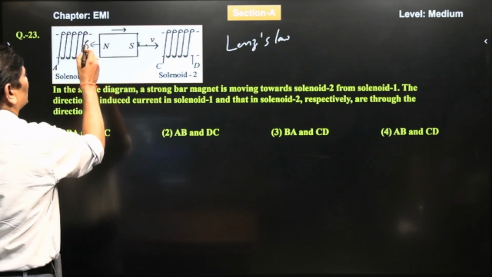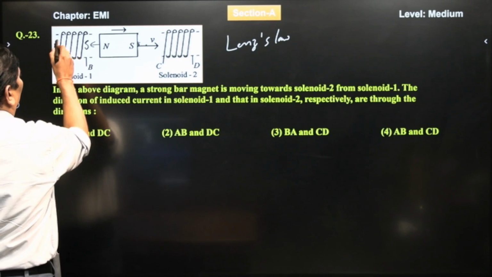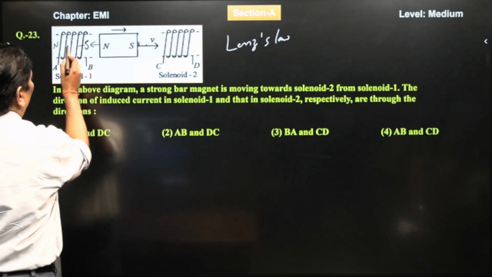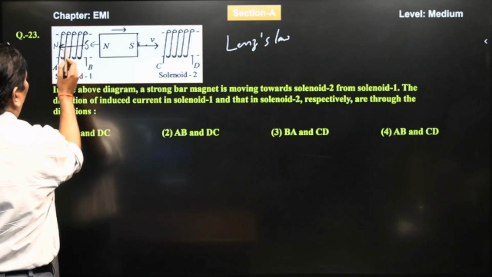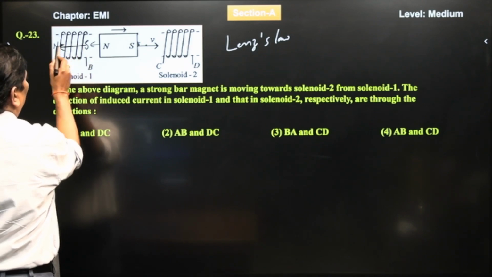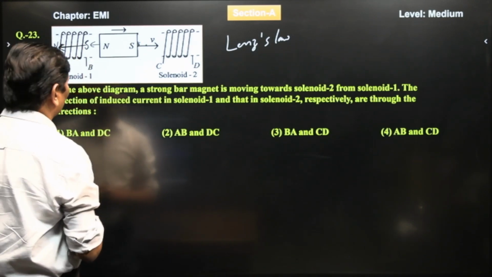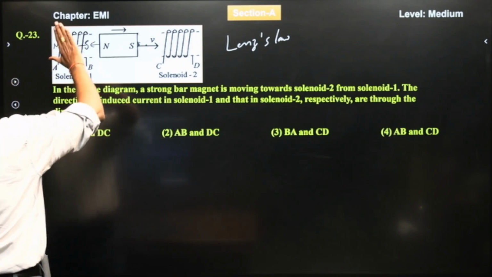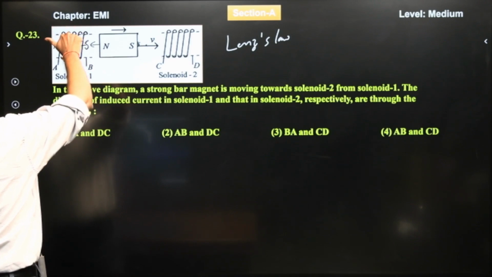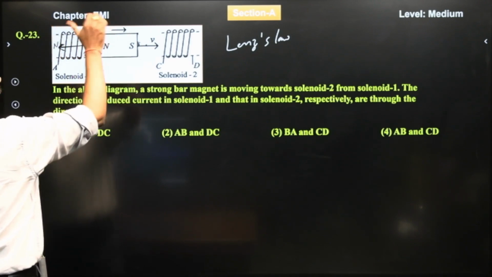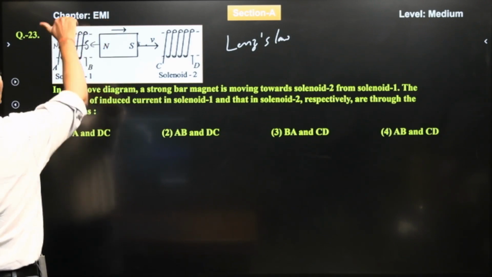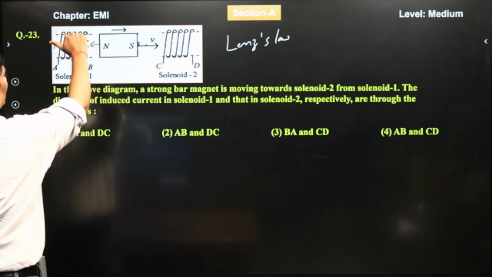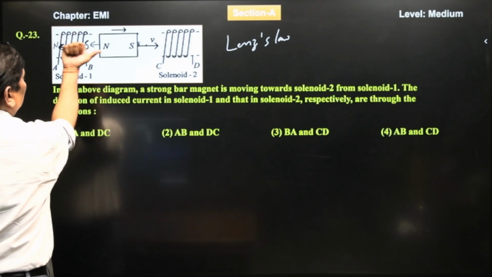So, to develop the south pole here, note that inside a solenoid, inside a coil, as inside a bar magnet, the magnetic field direction is from south to north. By the right hand thumb rule, if the current is like this, the magnetic field is like this.